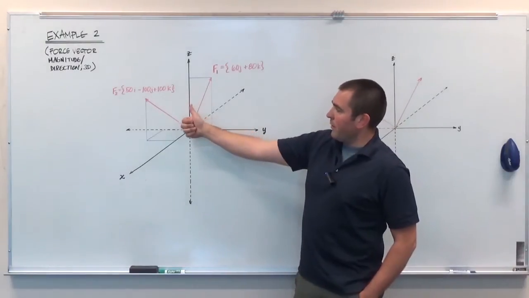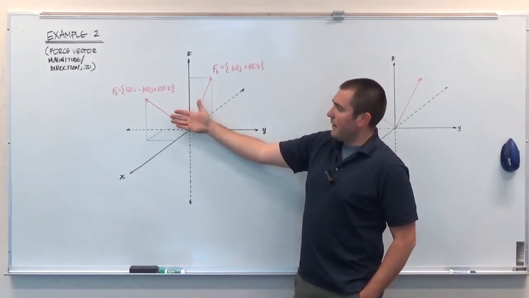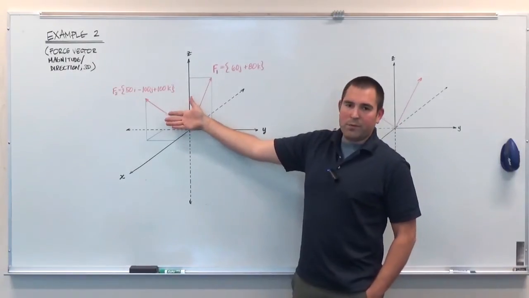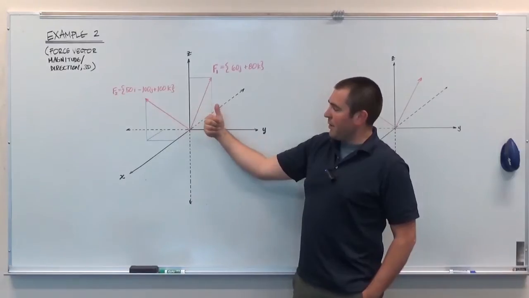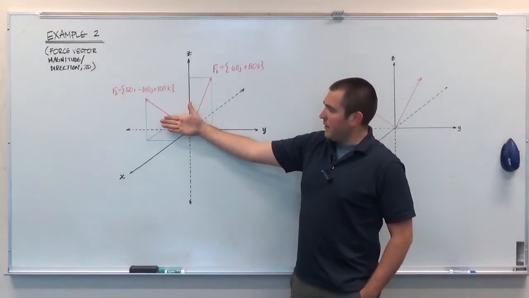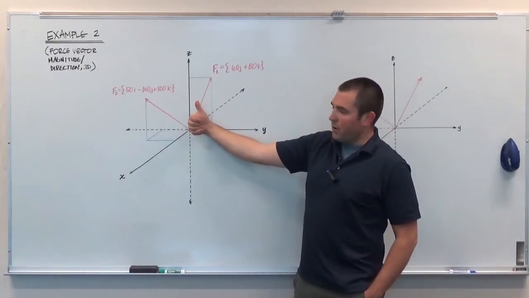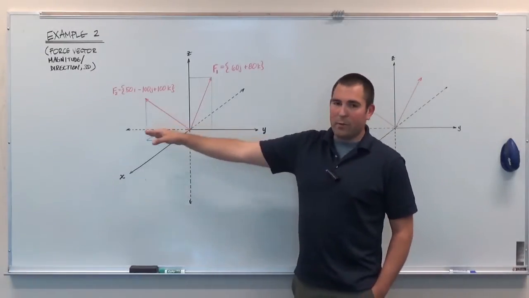So if I put my thumb of my right hand in the direction of the positive z-axis, my fingers, as I curl them towards my palm, should go from the positive x to the positive y-axis, and that's what happens here. I start out with positive x, and as I curl towards my palm, I should be curling towards the positive y-axis, not the negative y-axis.